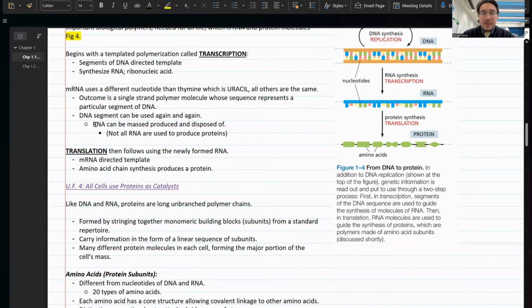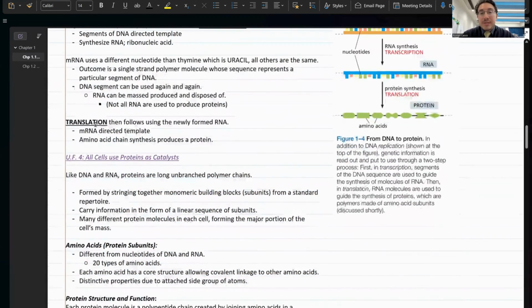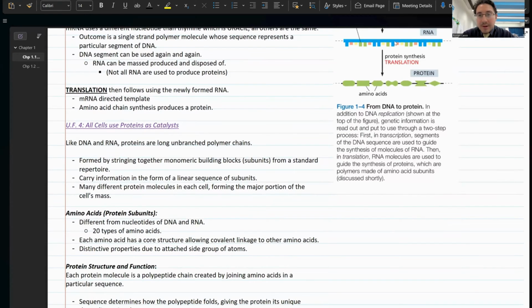You're producing an RNA sequence coding for a particular gene from a DNA template. And then you have translation, where that RNA strand is read by a ribosome to produce an amino acid strand.